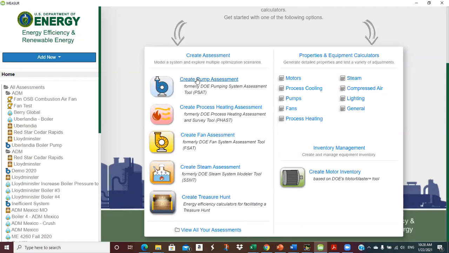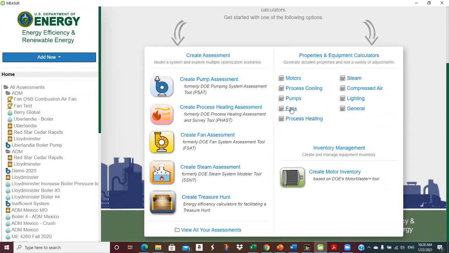It has a pump assessment. It has process heating assessment. There's the fan assessment. It can do steam system assessment. And it has a tool here to facilitate and do calculations based on an energy treasure hunt, which we don't have time to go through all of this stuff right now. And we also have calculators over here that will do various calculations for you.